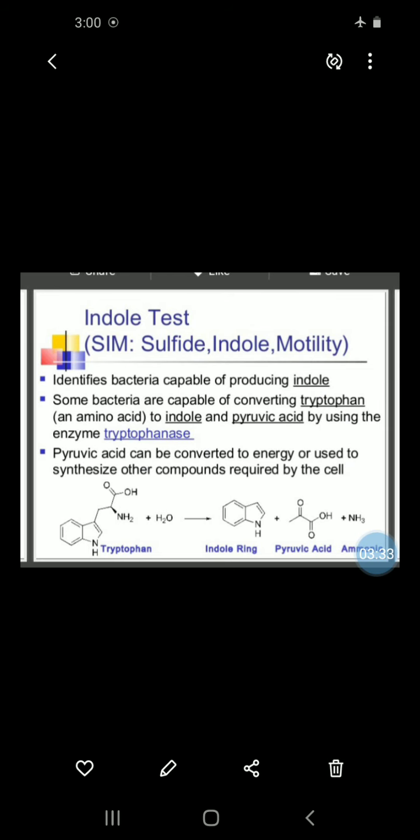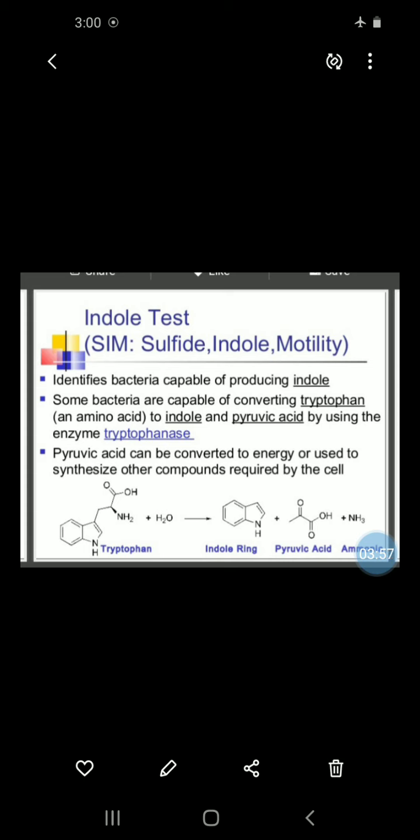First, the indole test. And first SIM, that is capital SIM, sulfide indole motility. This test identifies the bacteria capable of producing indole.